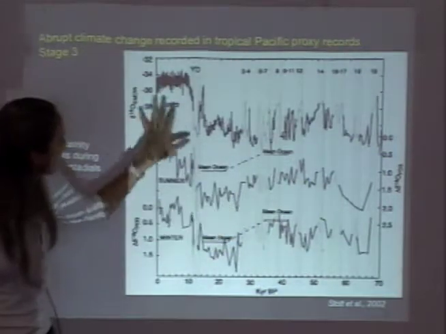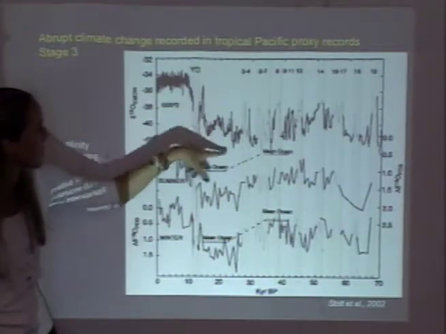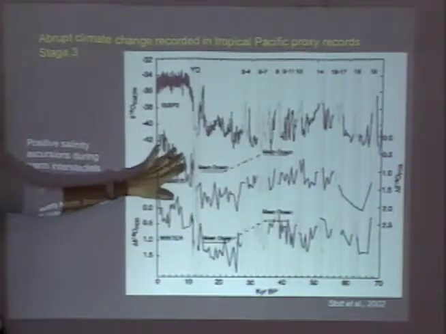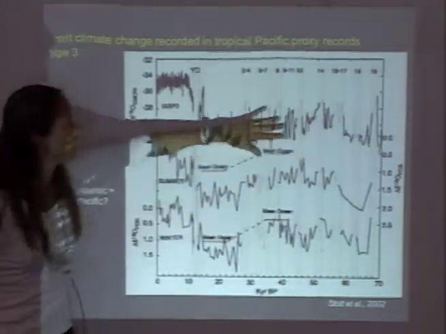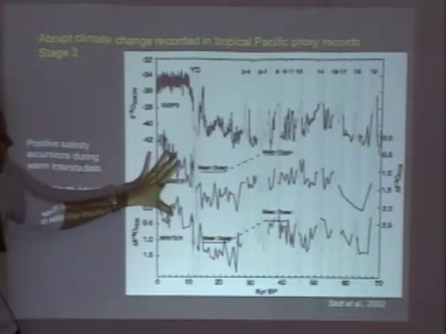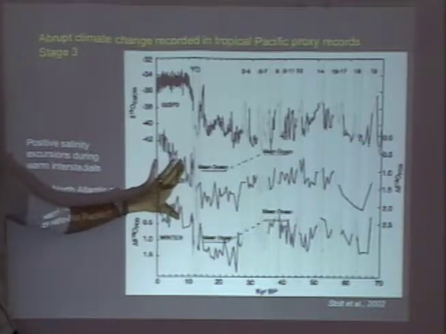So here you have the GISP ice core up here, the poster child for abrupt climate changes, with all of its wiggles going up and down, present to 70,000 years ago. And here's stage 3 variability, the abrupt climate changes of stage 3 and the Younger Dryas. Here are two different records from the same sediment core in the western equatorial Pacific.